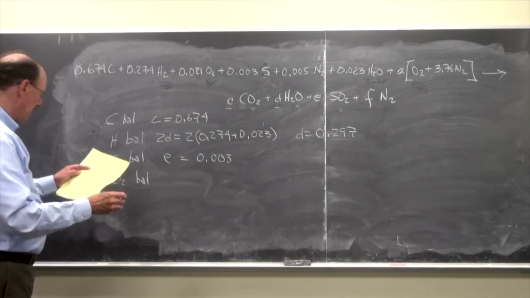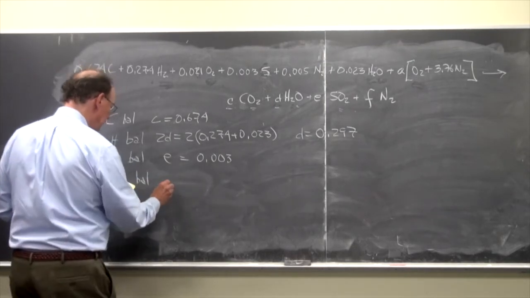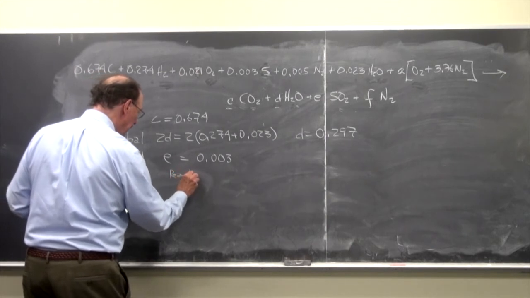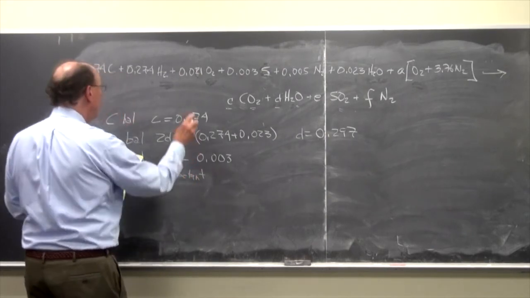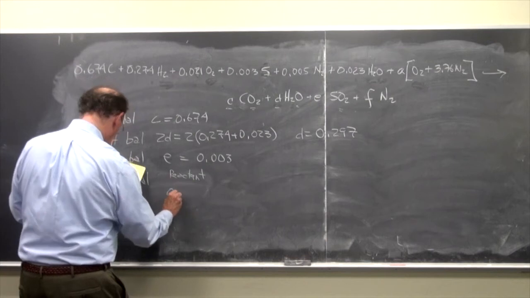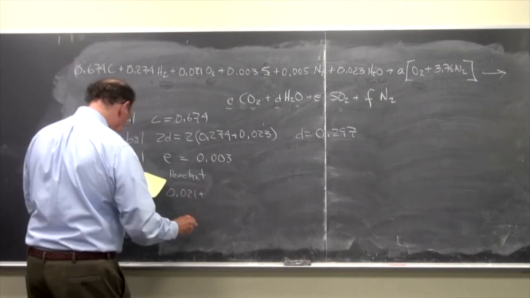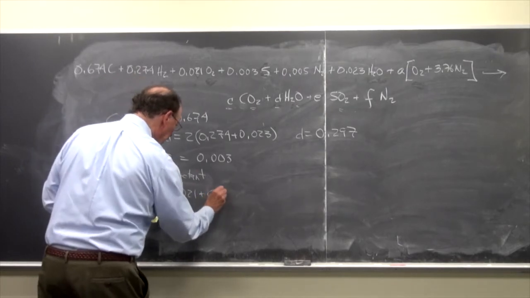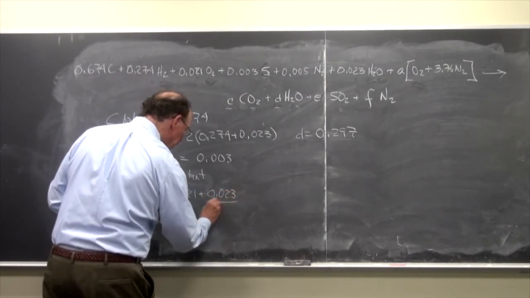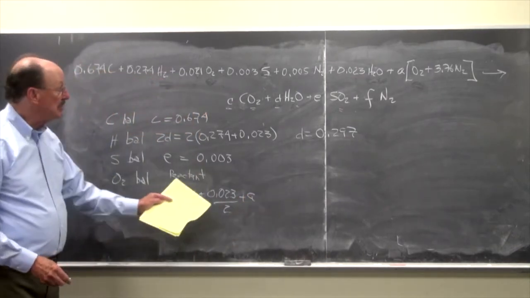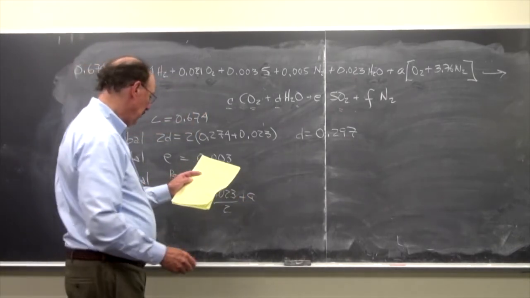So on the input side, on the reactants, I have 0.021 plus 0.023 divided by 2 plus A. This is the oxygen going into the reaction.